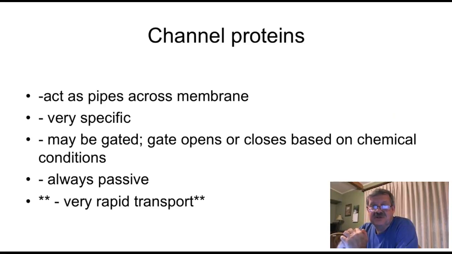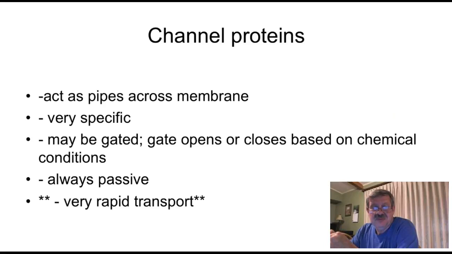This channel protein can be gated, and the gate can be open or closed depending on chemical conditions. So this gives the cell a little bit of control over the movement of materials into and out of the cell through this channel protein. The channel protein is always going to be associated with passive movement. That is, the cell does not use any energy to cause this type of movement to happen.